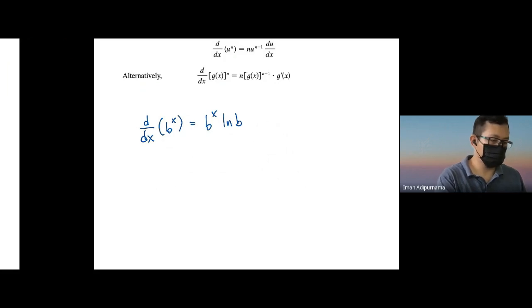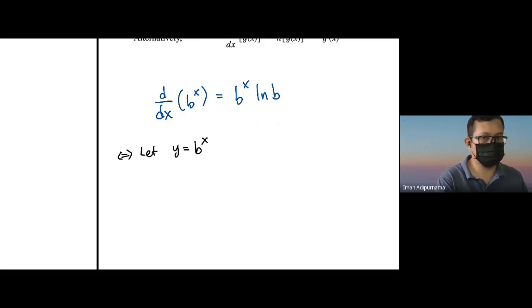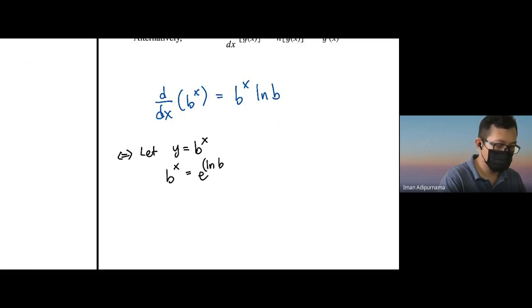Or maybe if you don't remember this, let me write from the beginning. Let y equal b to the power of x, and then b to the power of x we can write as e to the power of ln b times x, right?